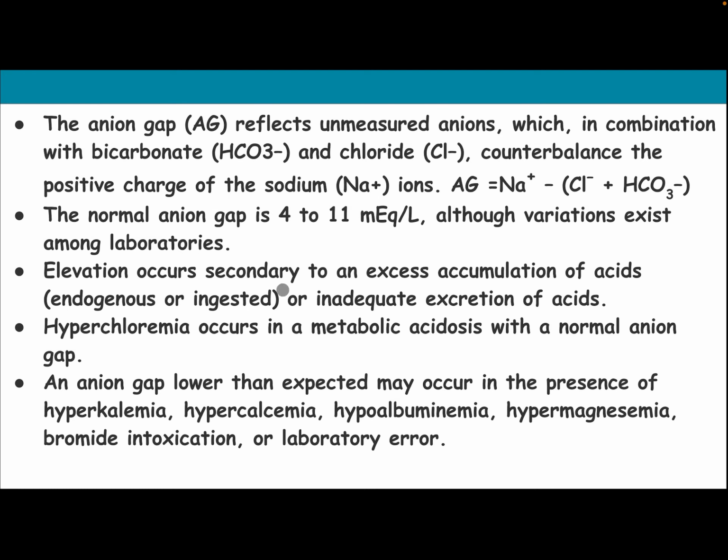Elevation occurs secondary to an excess accumulation of acid, endogenous or ingested, or inadequate excretion of acid. Hyperchloremia occurs in metabolic acidosis with a normal anion gap. An anion gap lower than expected may occur in the presence of hyperkalemia, hypercalcemia, hypoalbuminemia, hypermagnesemia, bromide intoxication, or laboratory error.